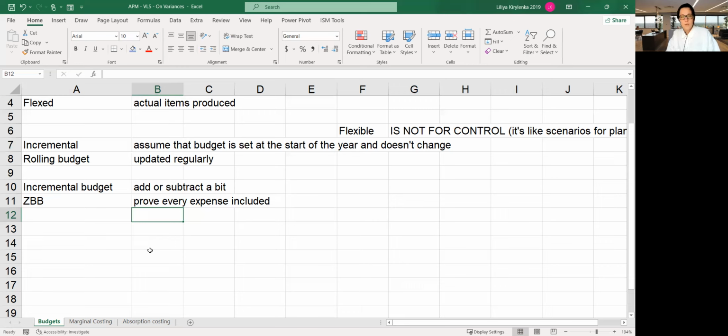Or packages can be prepared for the same problem. So, for example, when we tell people, okay, we're going to introduce improvements, so please come up with the budgets of how you can do that. And let's say HR comes with the budget and they say, well, you need to spend 10,000 on employees training, and that will allow you to reduce waste by 2%.